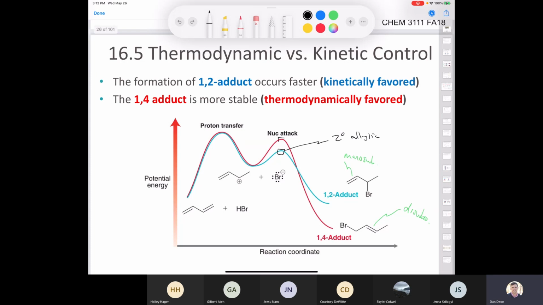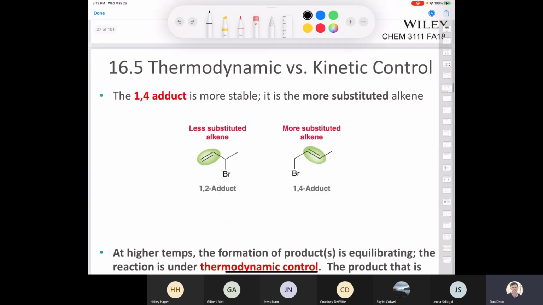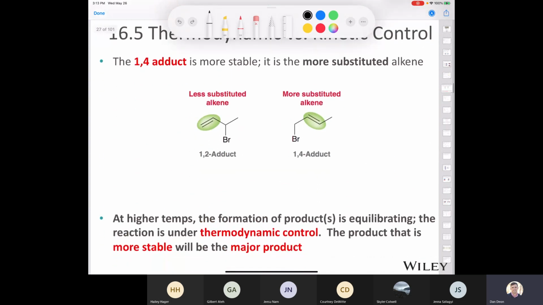But if you do the nucleophilic attack that gives you the 1,4 adduct, the intermediate is primary allylic. It's actually this. So it's primary allylic, which is going to be higher in energy, right? It's resonance stabilized, but it's still primary. Anyhow, that's the difference here. Again, I don't even know if our textbook goes into that, but just to give you some rationale for that. There you go.